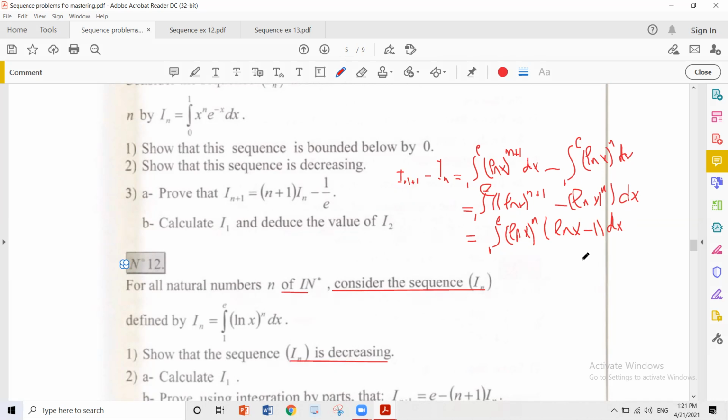Mathematical induction? No. Here, in the integral from 1 to e, x is between 1 and e.